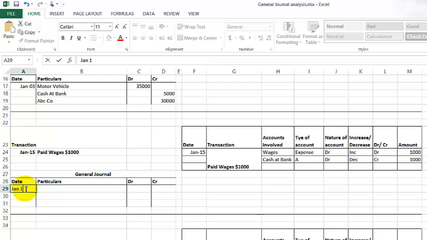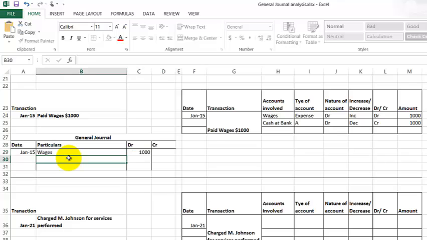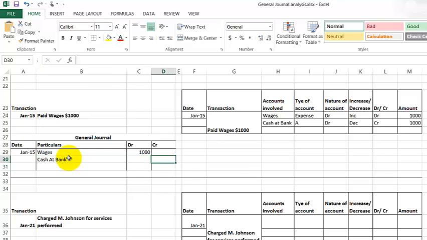On January the 15th, we had some wages. We identified that as being $1,000, and we paid cash for it. There we are on the credit side. It's a nice simple transaction. Debits equal credits. Beautiful. Okay, we're ready to move on.